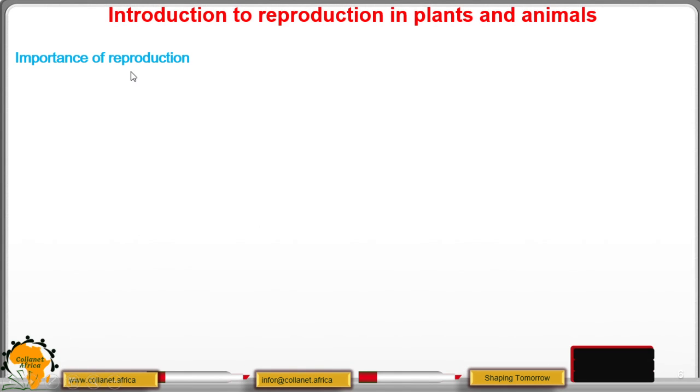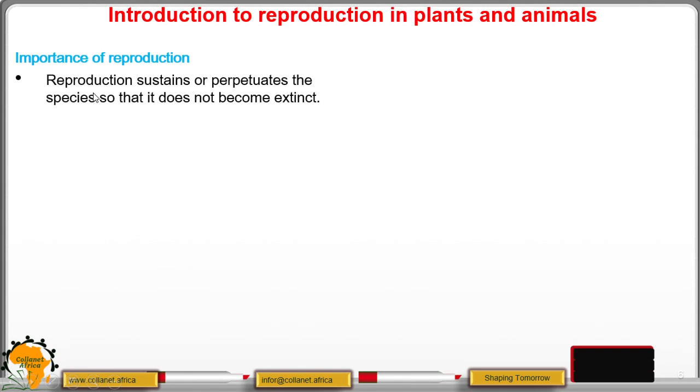We move to importance of reproduction. Reproduction sustains or perpetuates the species so that it does not become extinct. It ensures that life continues for that particular type of organism.